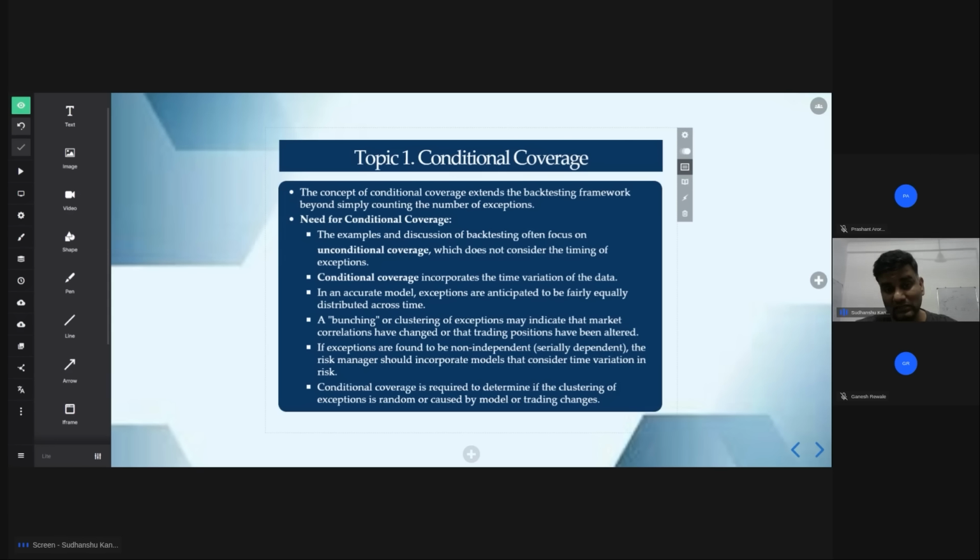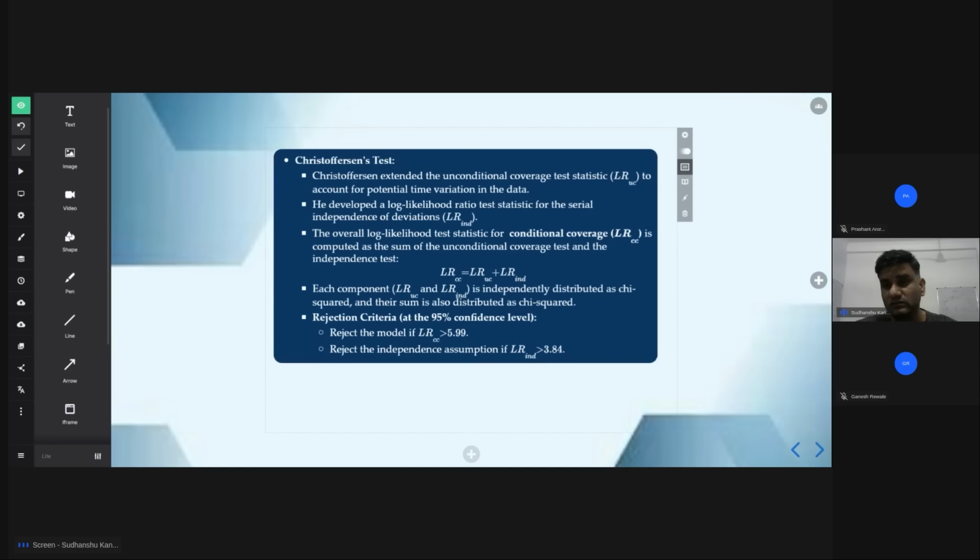In this part we also have Christoffersen's test, given in the next slide.